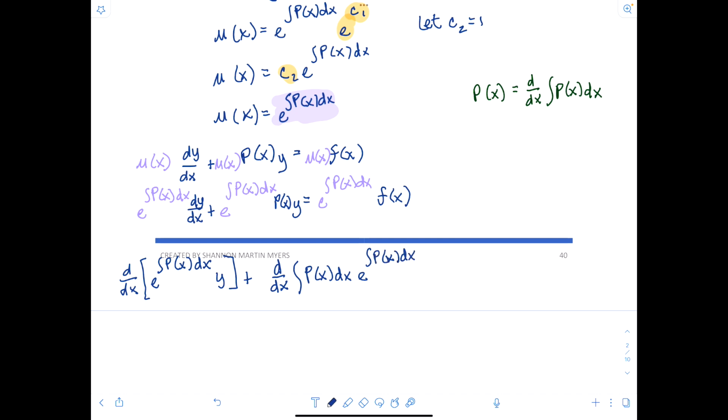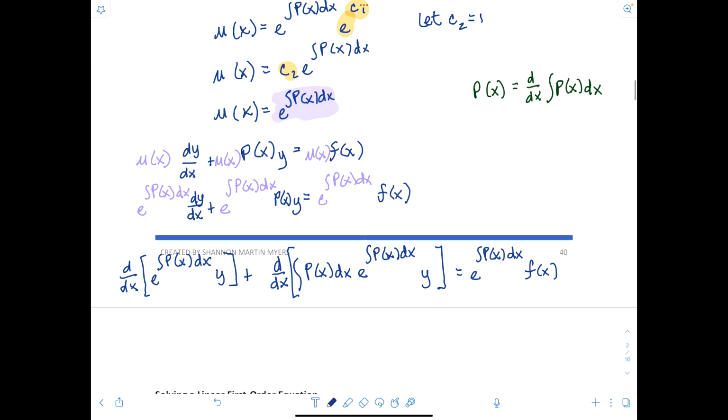So we have the derivative of what's inside the power of that e, and then we still have the y hanging out. And that of course is equal to the other side, e to the integral p at x dx times f at x.